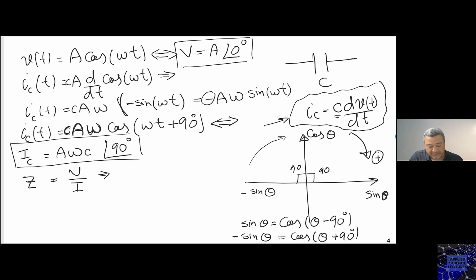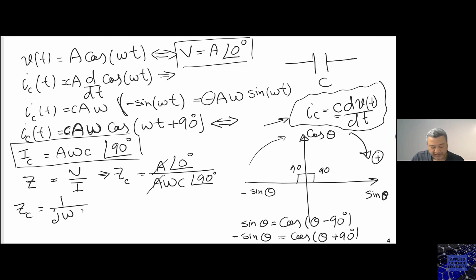So in this case, we have Z_C equals A at 0 divided by A omega C at 90 degrees. So A is going to cancel. You're going to end up with Z_C for the capacitor as 1 over, I will rearrange and call this one, j omega C. Can somebody tell me where did this j come from?